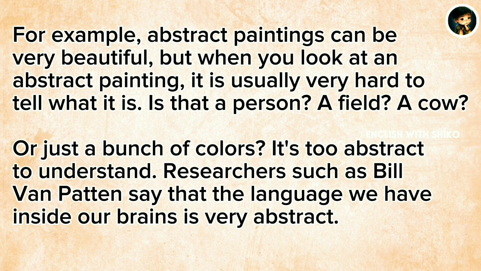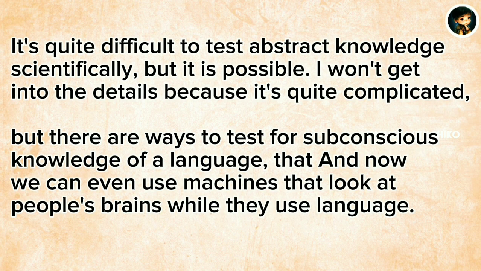Researchers such as Bill VanPatten say that the language we have inside our brains is very abstract. It's quite difficult to test abstract knowledge scientifically, but it is possible. I won't get into the details because it's quite complicated, but there are ways to test for subconscious knowledge of a language. And now we can even use machines that look at people's brains while they use language.